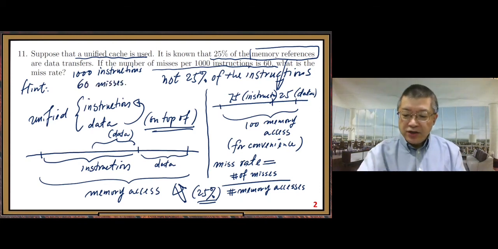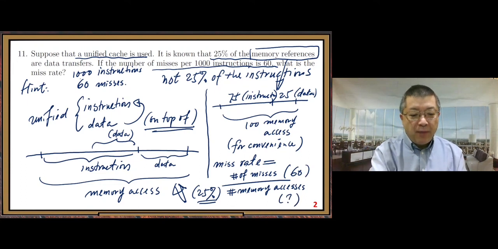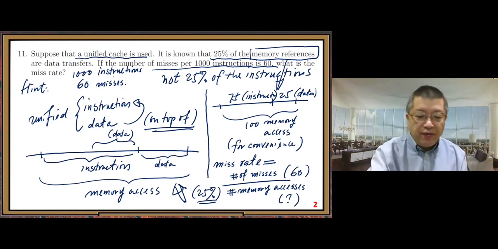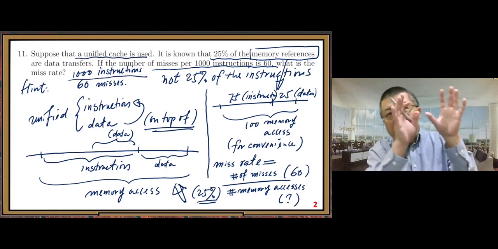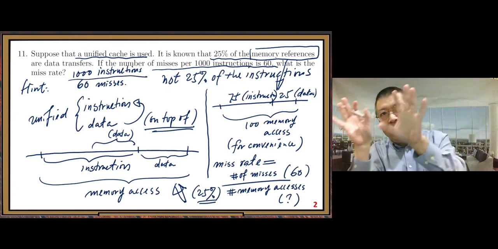So here you know the numerator is 60. What is the denominator? Definitely you cannot put 1,000, because 1,000 is 1,000 instructions. You need to convert it to a certain number of memory accesses.